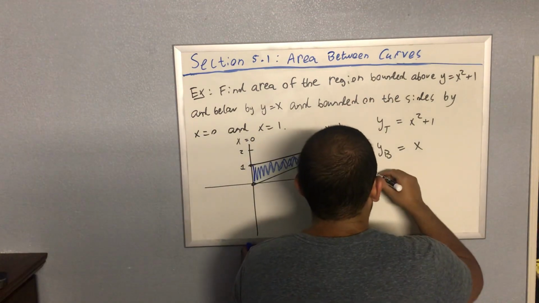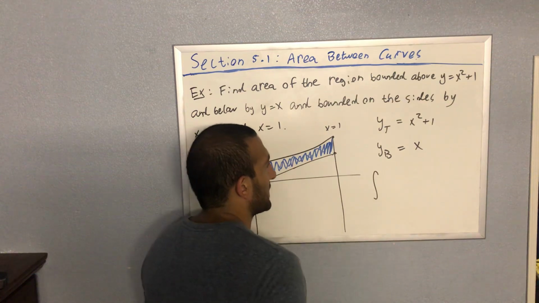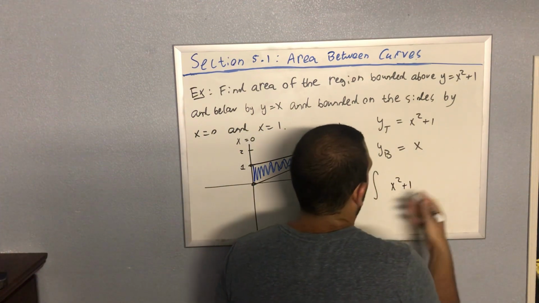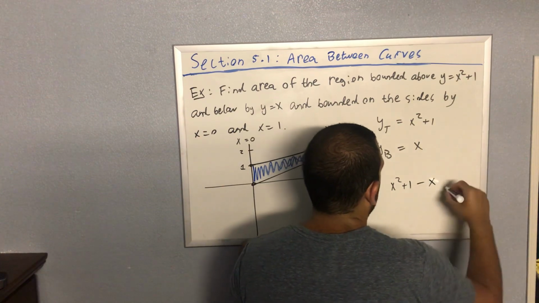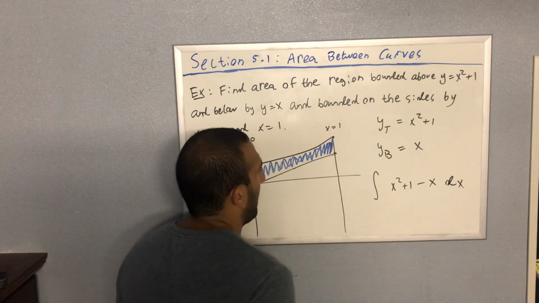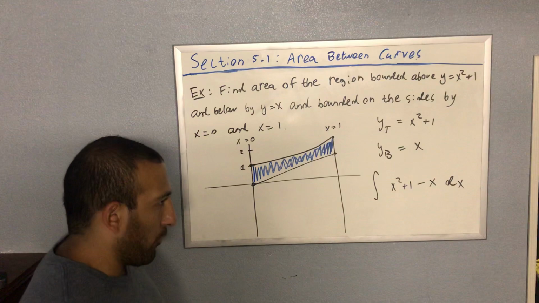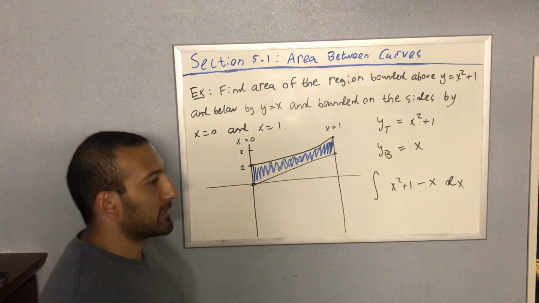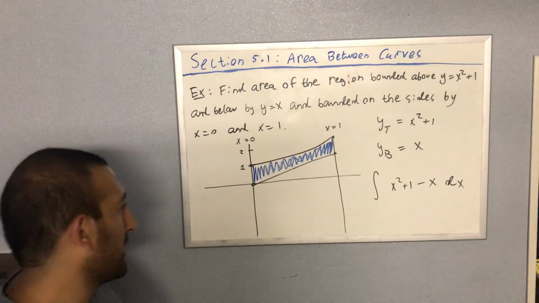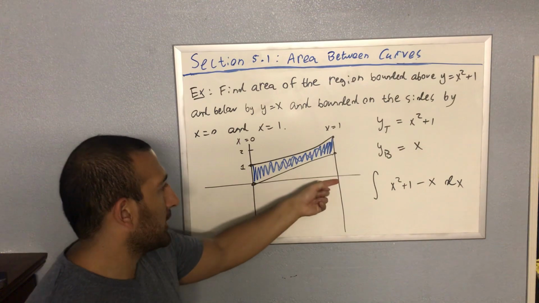So the area is going to be, we'll think about the limits of integration in a second, y top, x squared plus 1, minus y bottom, just x. All right, y top minus y bottom. Now, from what number on the x-axis to what number on the x-axis does this region begin and end? Well, it starts at x equals 0 and goes all the way until x is 1.